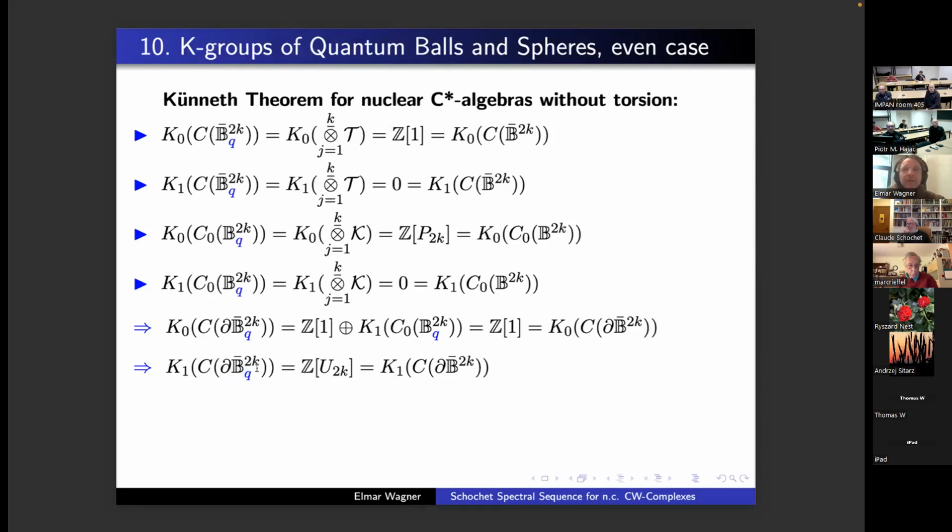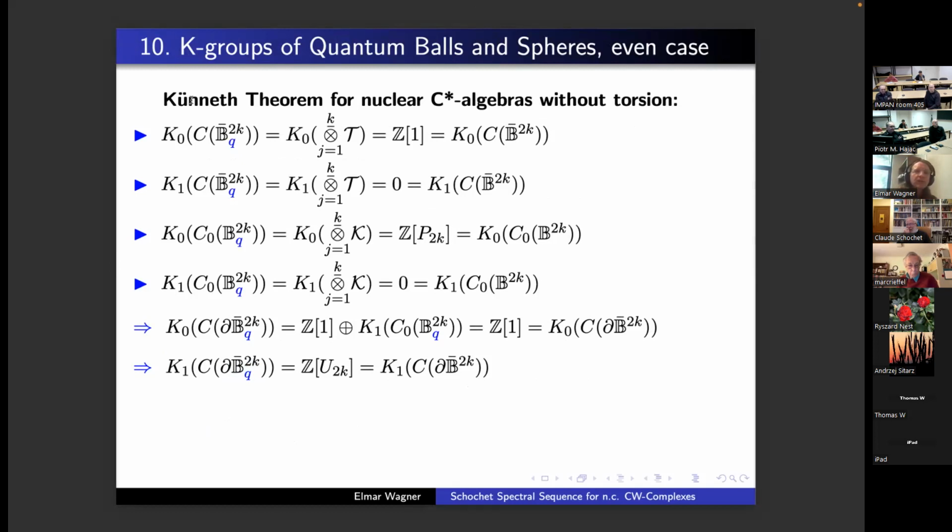And we have a look at the K-groups. So I wanted to make sure that these balls and spheres and insides have the same K-groups. So the ball algebra, here we have a nuclear algebra, and we have any of these. We have seen that we have never seen torsion in all these K-groups.